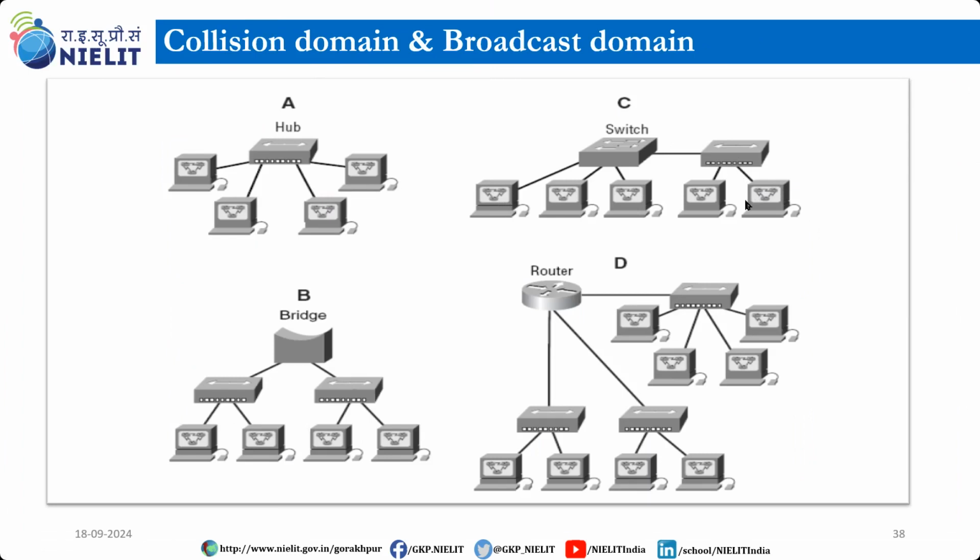But in terms of the number of collision domains, since there are multiple devices including the hub, we will calculate on the basis of the switch. So higher priority will be decided by the switch. There are 1, 2, 3, 4 links connected to this switch.